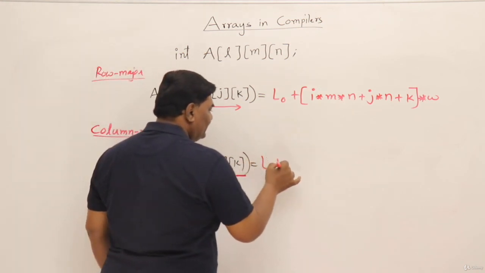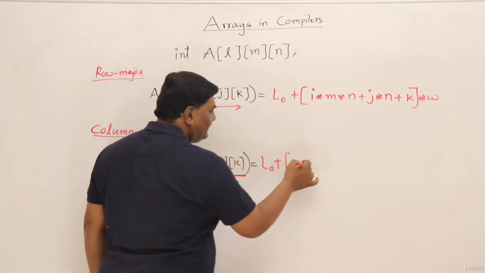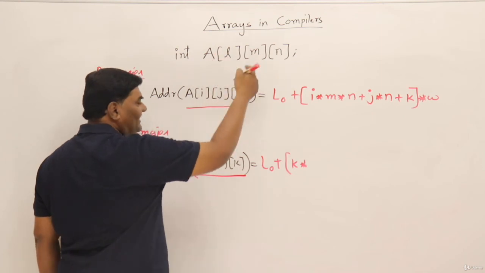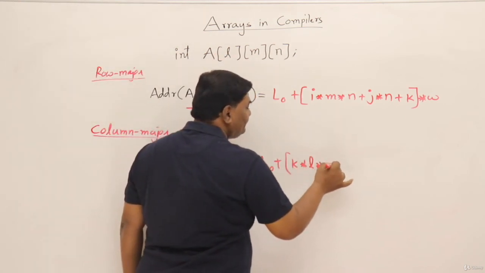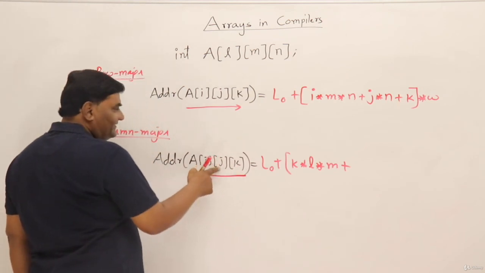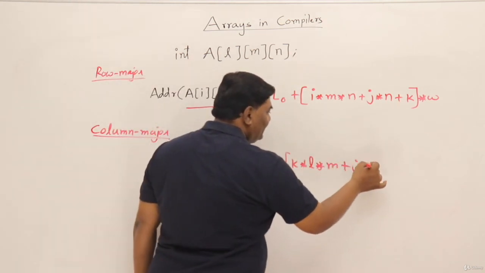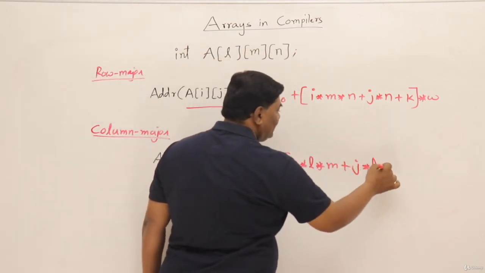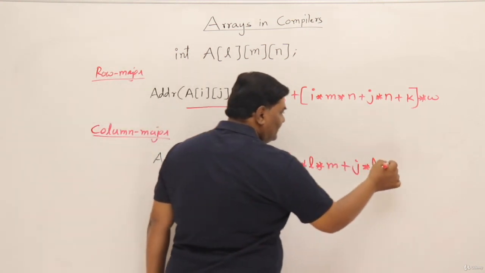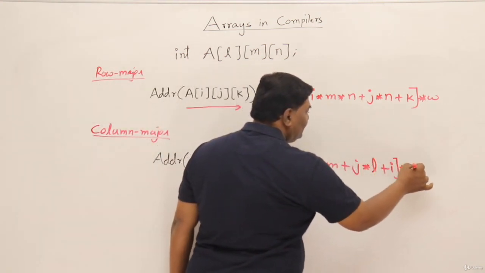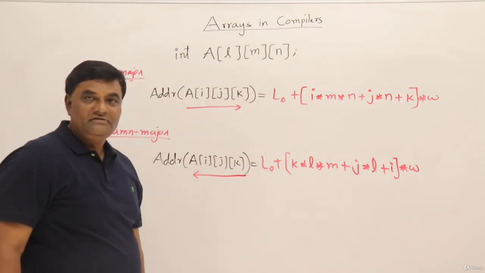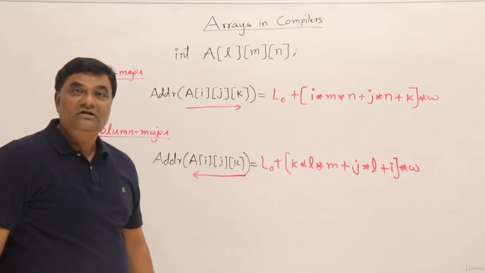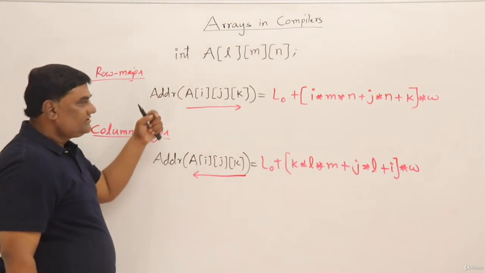So this is L0 plus, first take K. K multiplied by, K is for the last dimension, so multiply with M and L. So LM we will write L into M. Plus, next index is J. So J multiplied by, J is for the second dimension, so take L. Then plus I multiplied by W. That's all. This is the row measure and column measure. This is the column measure formula for a 3-dimensional array.